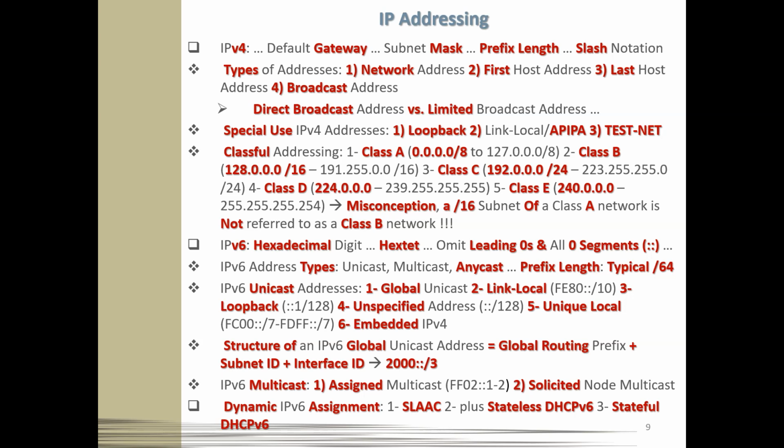Now that you see how big the address space was initially for classful addressing, you appreciate classless addressing with classless interdomain routing, CIDR.